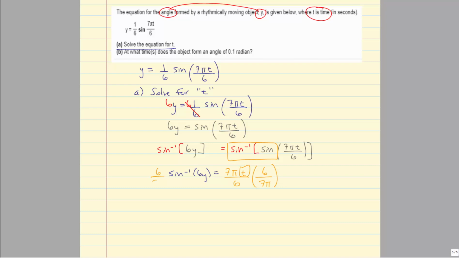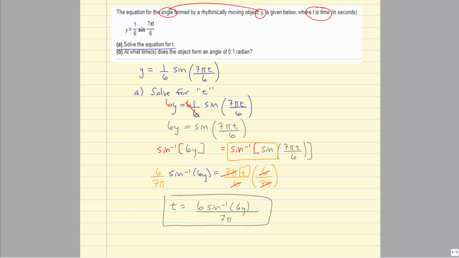The reason we do that is so the 6's cancel and the 7 pi's cancel. So I'm left with t equals 6 sine inverse of 6y, let me write that a little nicer, all over 7 pi. And that's what t is equal to.